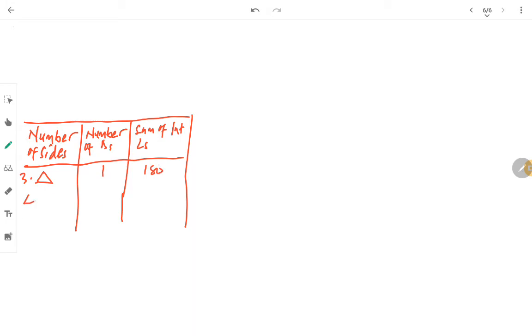If I've got a 4-sided polygon and I draw the diagonal, it forms 2 triangles, which means this becomes 2 times 180. And that's why a 4-sided shape has got 360 degrees.